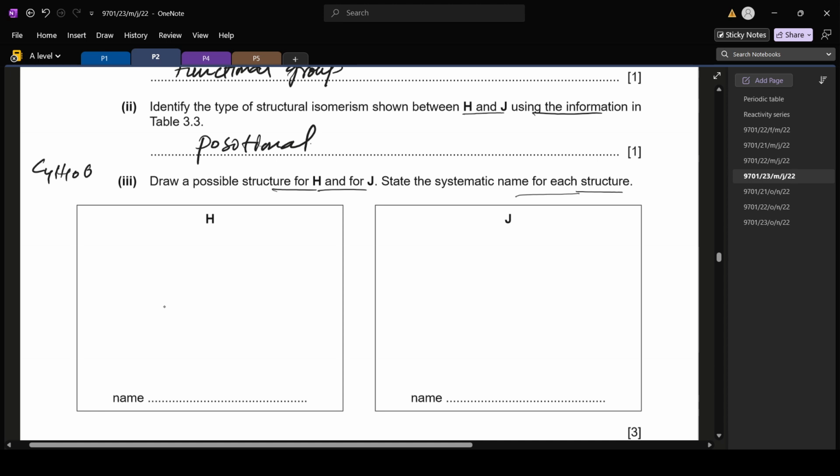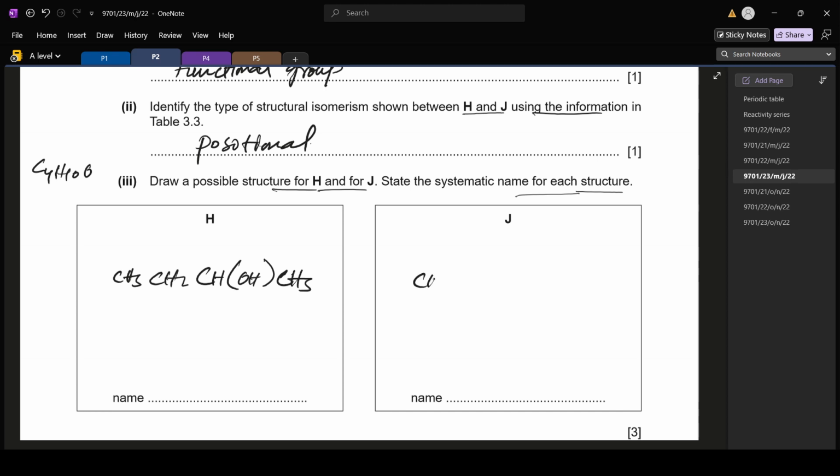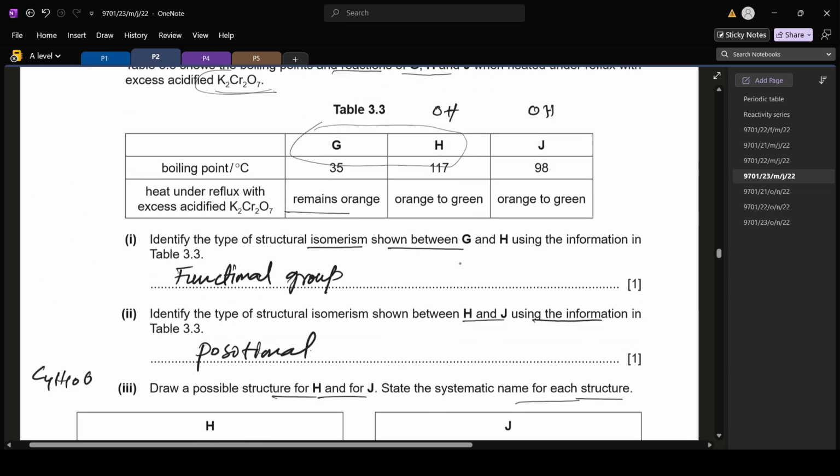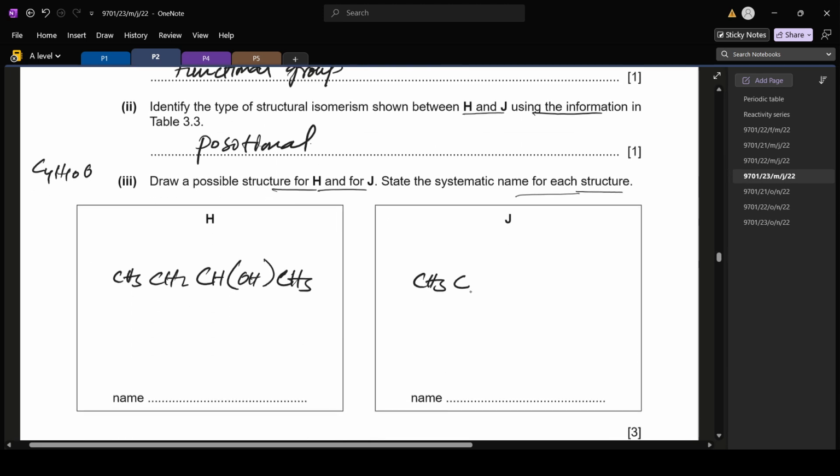So if I draw H, the possible structures are: CH3 CH2 CHOH CH3, like this, and CH3 CH2 CH2 CH2OH.